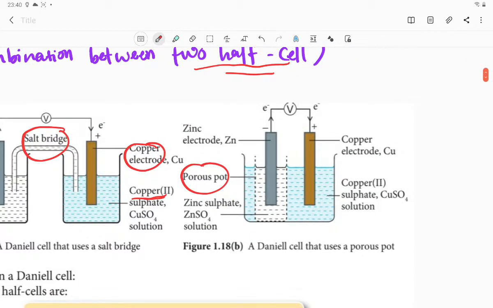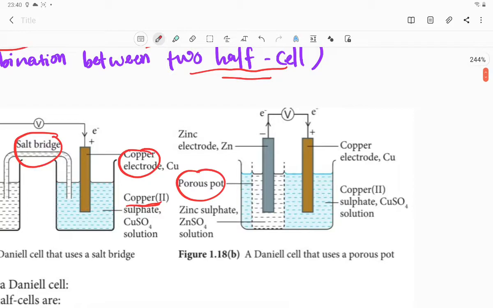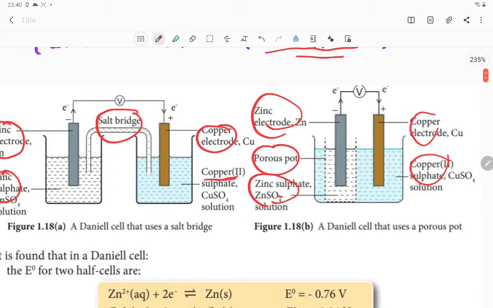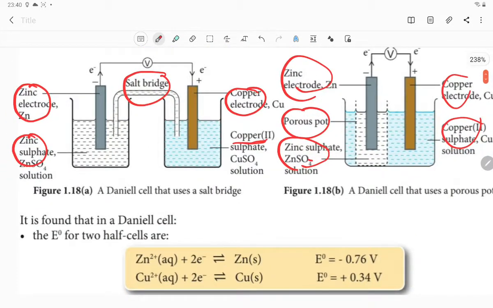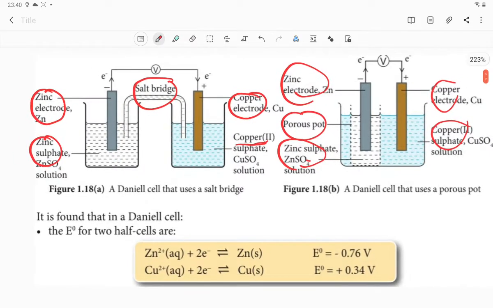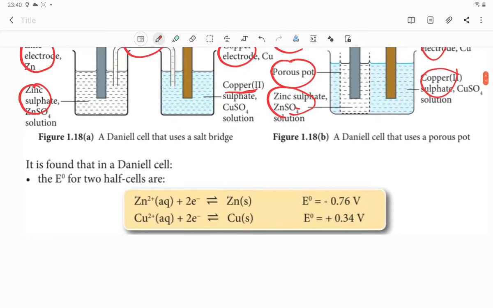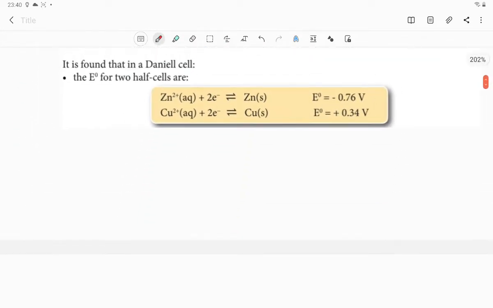Same goes with the Daniell cell that use porous pot. Okay, zinc electrode is dipped into a solution that contains zinc ion. Okay, copper 2 ion. Right. Okay, so that is for Daniell cell.